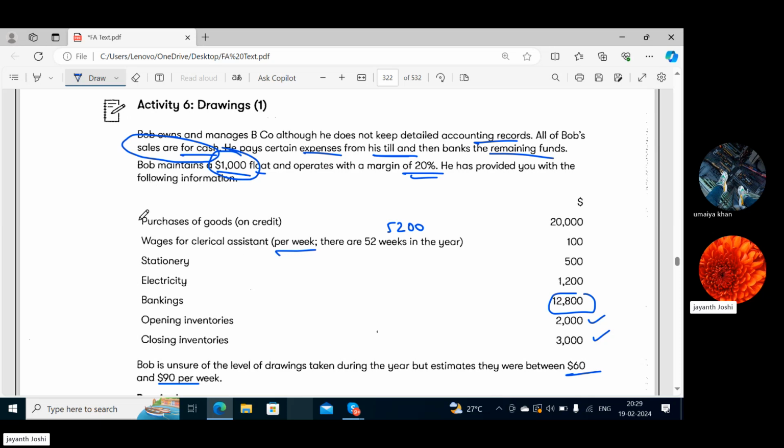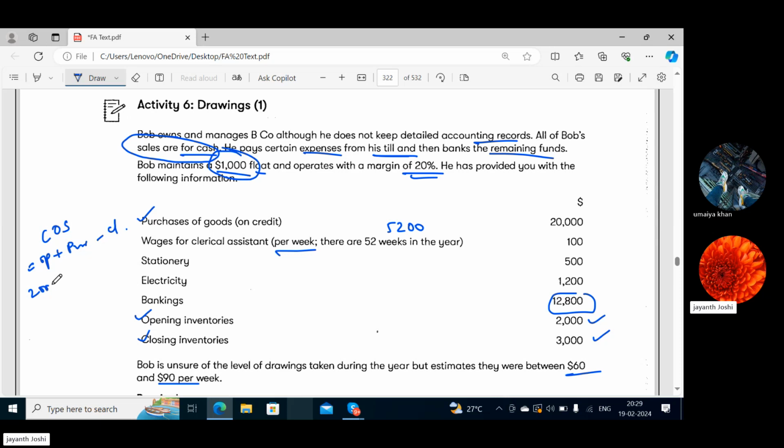So from this information from purchases, opening inventory and cost of sales, we can find out this cost of sales figure. Cost of sales will be opening plus purchases minus closing. So opening inventory is how much?